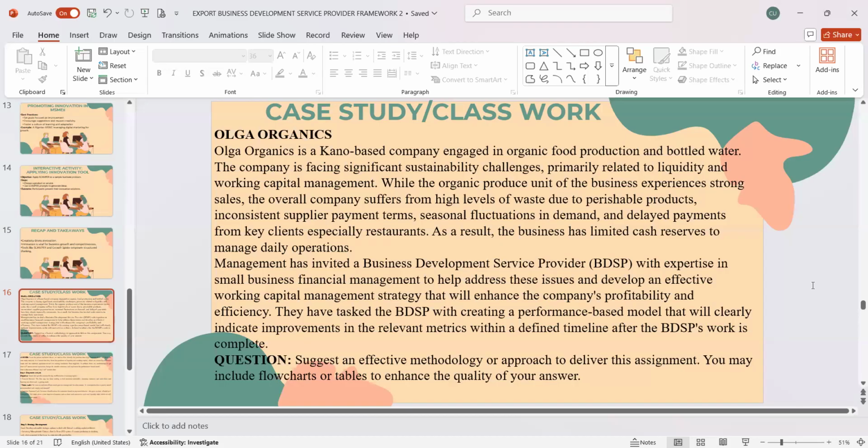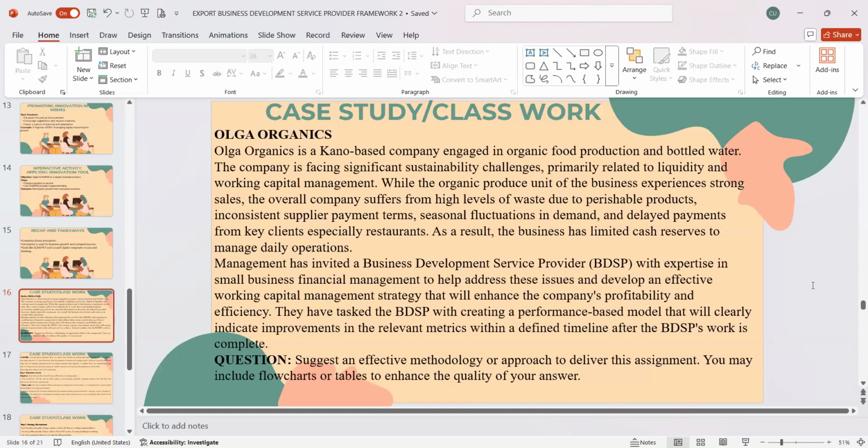We've already been exposed to the challenges, which have to do with liquidity issues, inconsistent supplier payment, and waste due to the perishable nature of the product.